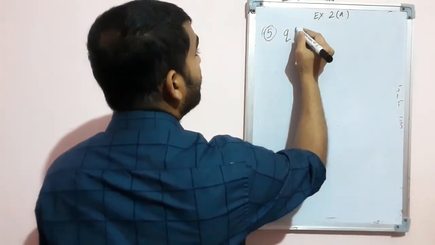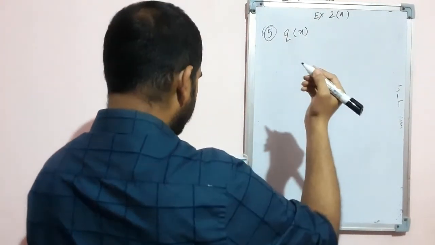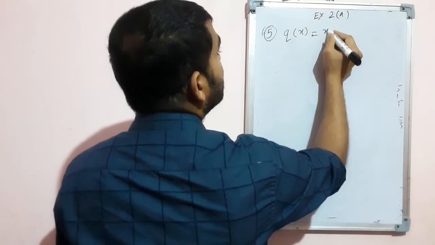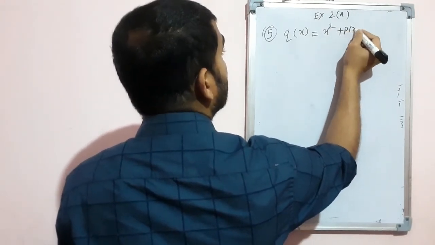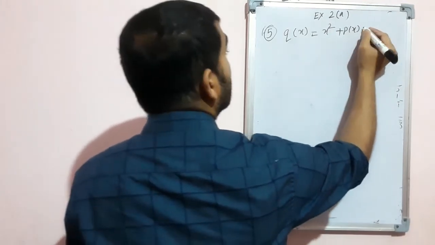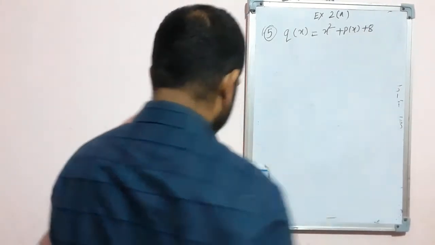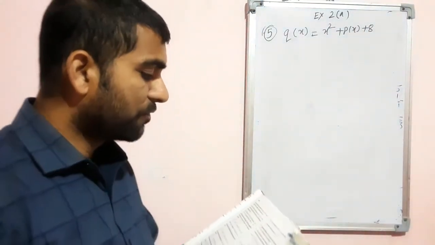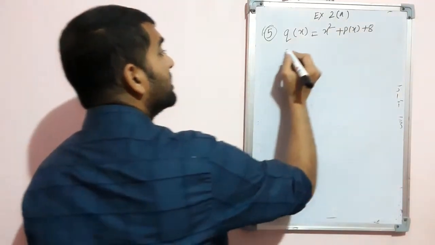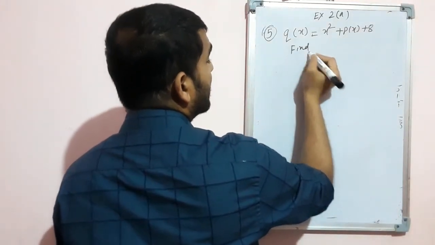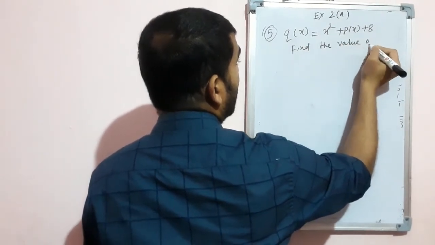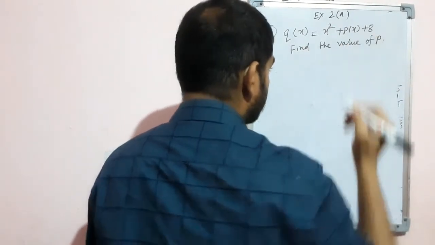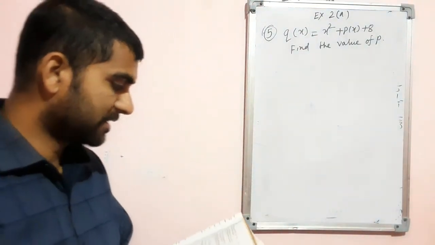Here they are denoting the polynomial qx equal to x square plus px plus 8. Now we have to find the value of p. How to find the value of p? Yes, let us read the question.